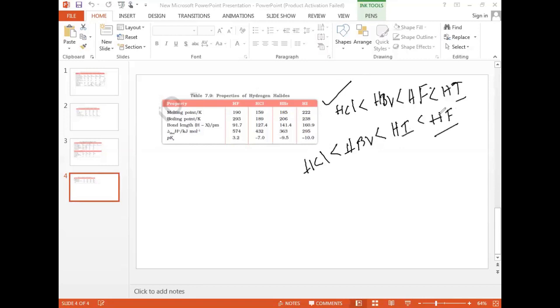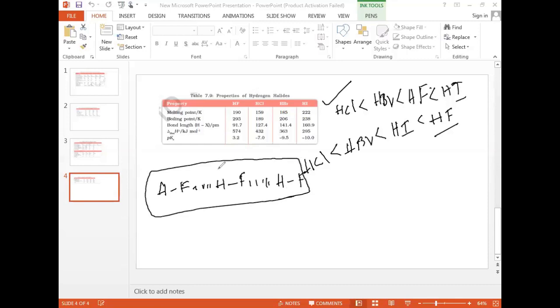See, why is HF showing a higher boiling point? It is because even in the case of HF we can see the intermolecular hydrogen bonding. The intermolecular hydrogen bonding we can see even in the HF molecule.